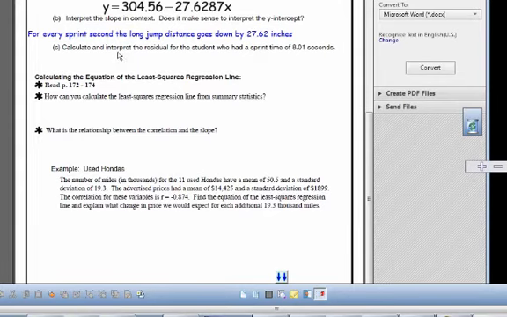Next we're going to calculate and interpret the residual for a student who had a sprint time of 8.01 seconds.